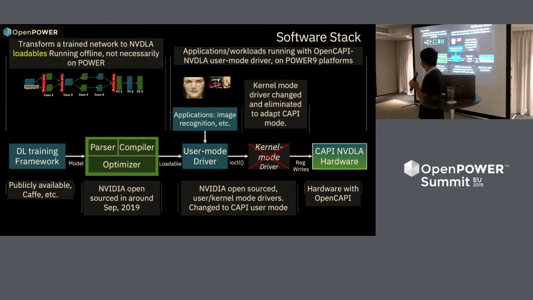And for the compiler, NVIDIA just open sourced their compiler this September, last month. So we waited for one year. Last year they open sourced their hardware, and this year they open sourced their software compiler. Which means the final part of the whole ecosystem is finished. And all the other parts are already in the open source community.